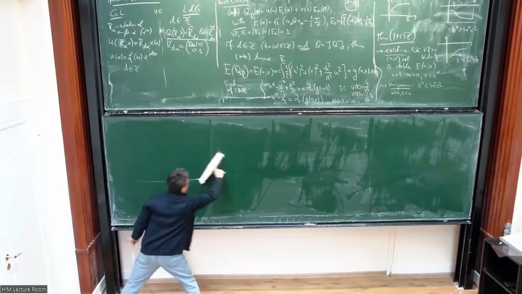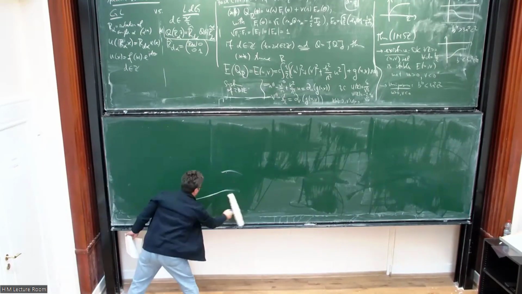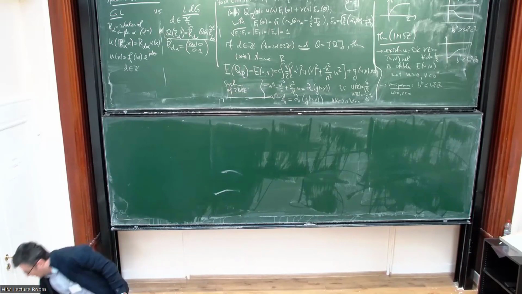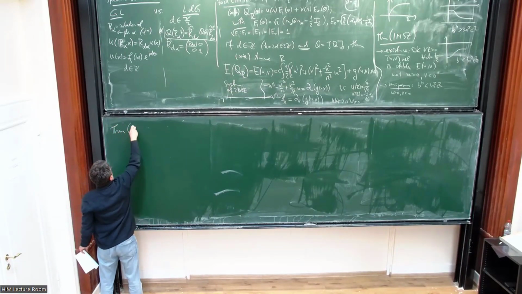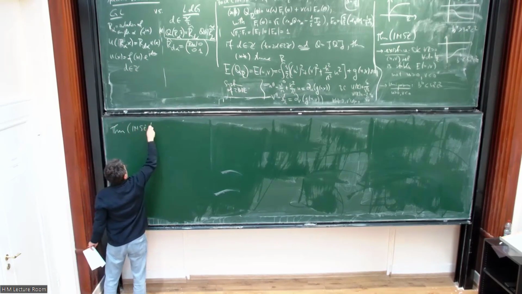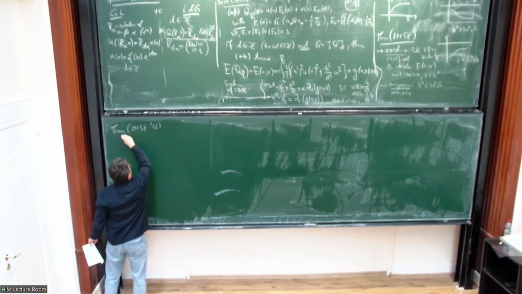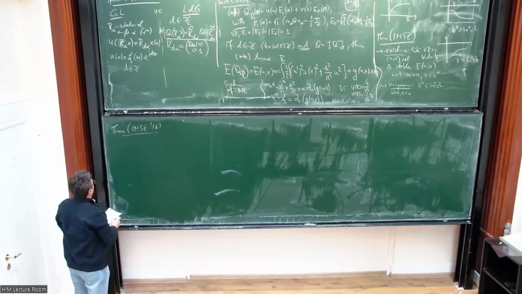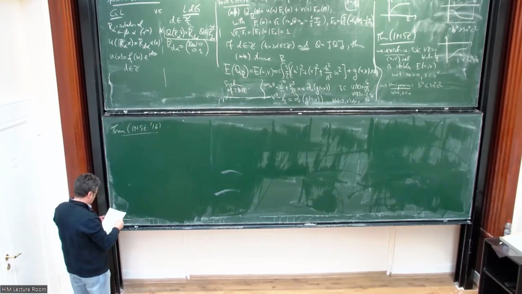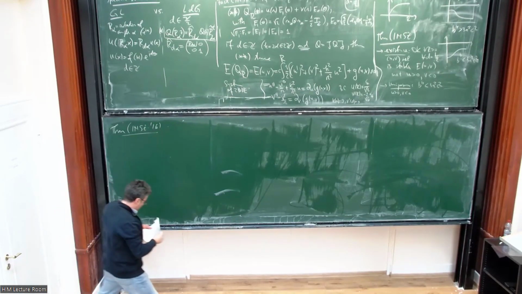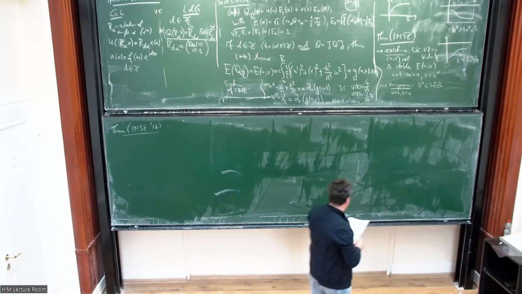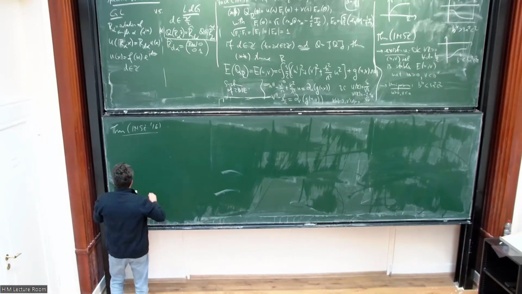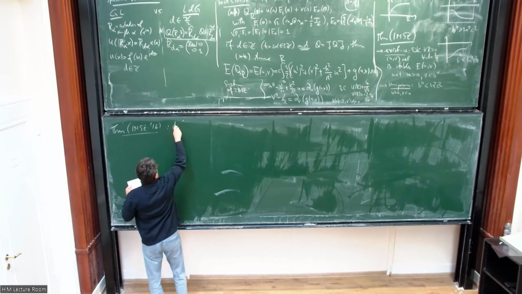And I don't have time. Okay, so theorem. This is a series of two papers with the boys. So theorem. Let's start: D is K over 2.